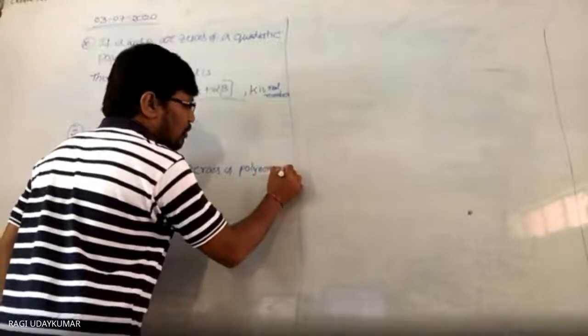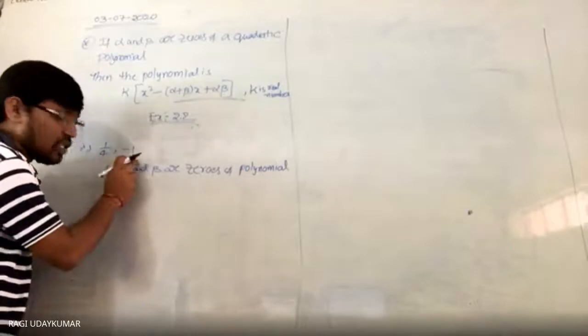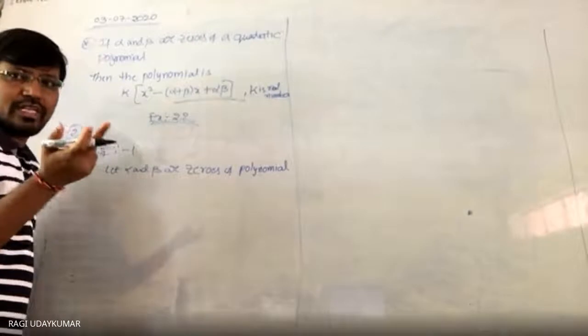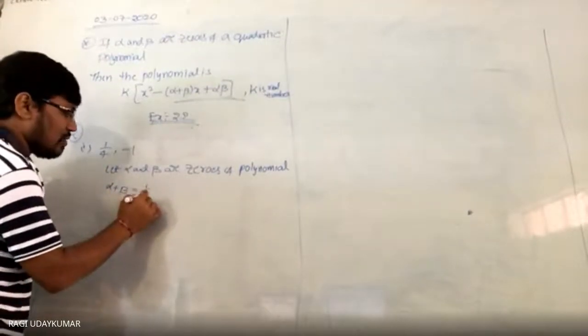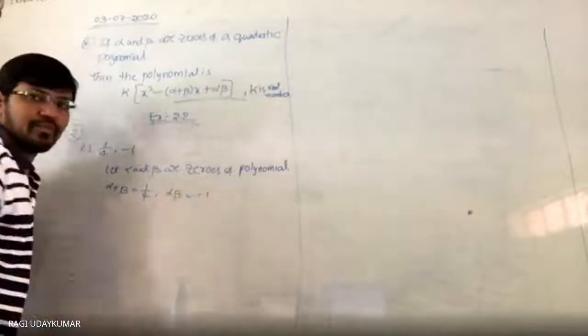Is it visible to you? Yes. So alpha and beta are the zeros. Then what is given here? This is not alpha, this is not beta. This is the sum. In the question you see that the first one is the sum of the zeros. Alpha plus beta is equal to 1 by 4 and alpha beta is equal to minus 1.